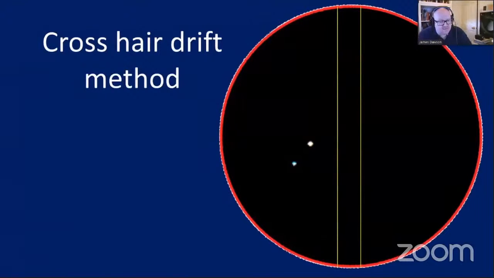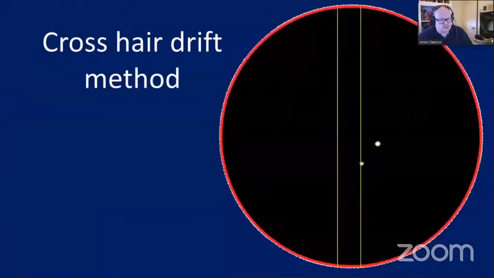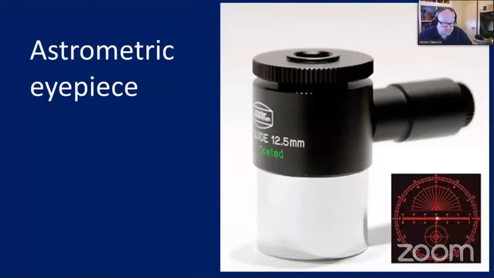Now, the other method is if you've got fixed filaments, so you can't adjust where the filaments are, and you turn the motor off on the scope, on the mount, and then the stars will slowly drift across the field of view over a period of seconds, minutes, depends on the field of view, and you can time how long it takes, say, the first star and the second star to cross, what the interval is. And we'll come back to how you use that drift method in a minute.